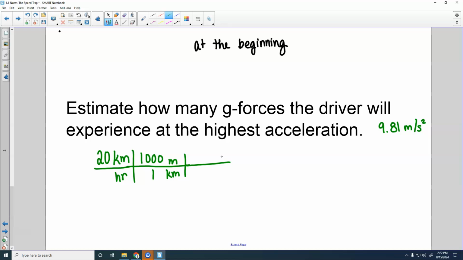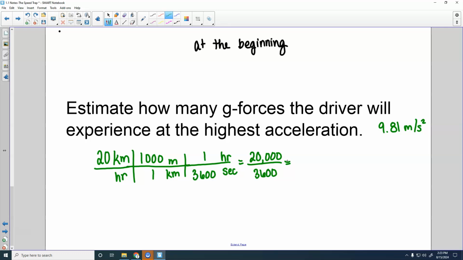We're not going to change no matter what. Hours goes up here, and then we're changing that to seconds. So 1 hour, we've said, is 3,600 seconds. If we multiply across the top, we will get 20,000. If we multiply across the bottom, we'll get 3,600.